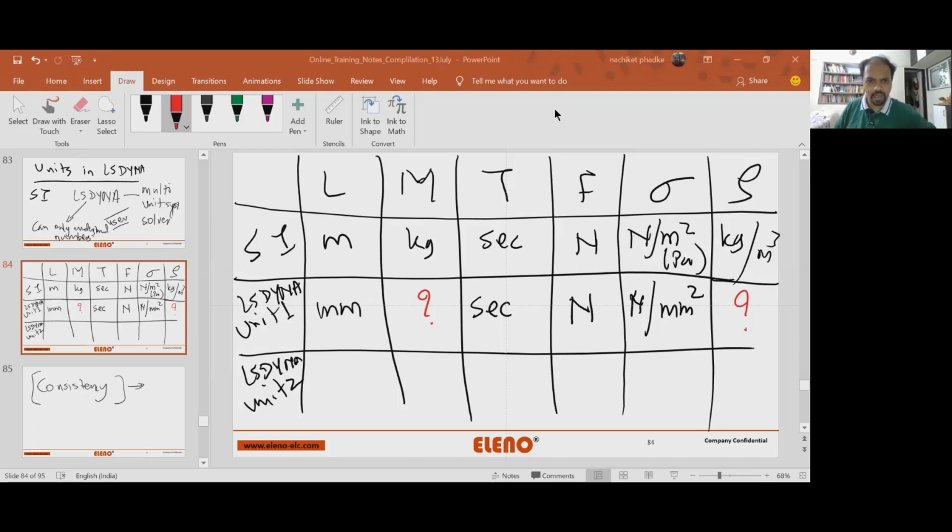Okay, are you able to derive, everyone? Abhishek, Jacob, Jitin. 1 meter is 1000 millimeter. Yes, that is right. Okay, good. That's a pretty good relation.